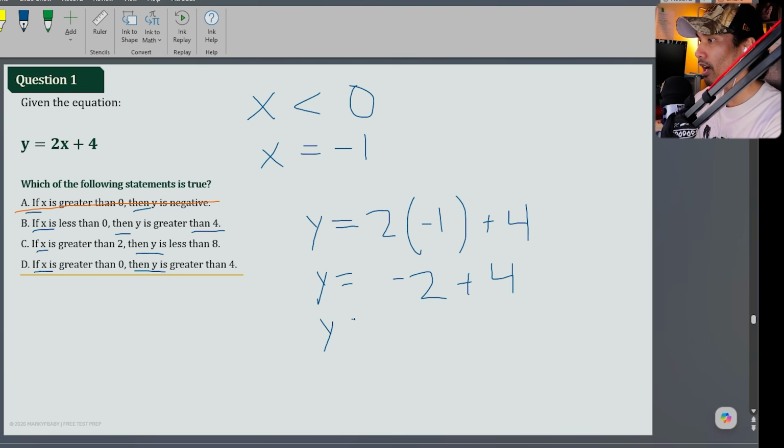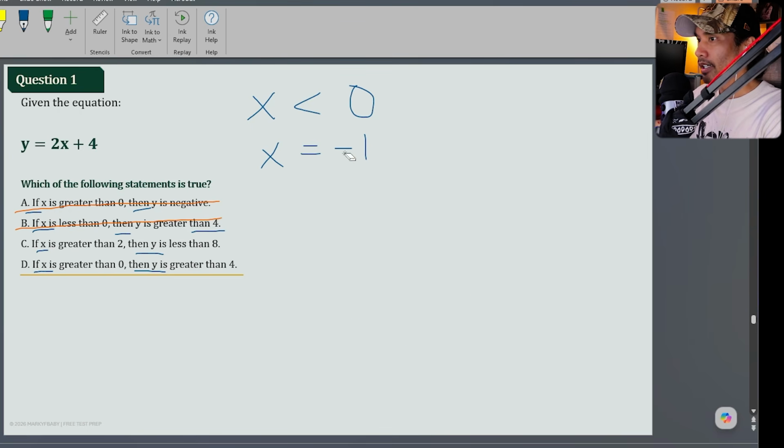And then what is negative 2 combined with 4? Basic algebra here. Positive 2. Is it greater than 4? No. So we can cross this answer out. You see where I'm going with this? All you have to do is pick easy numbers. You'll find out too, once I get to the harder questions, it's all about just reading the problem.